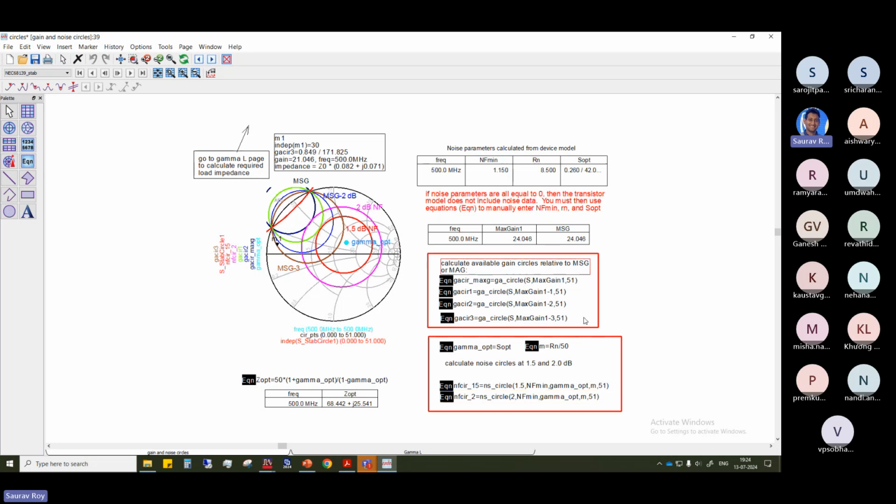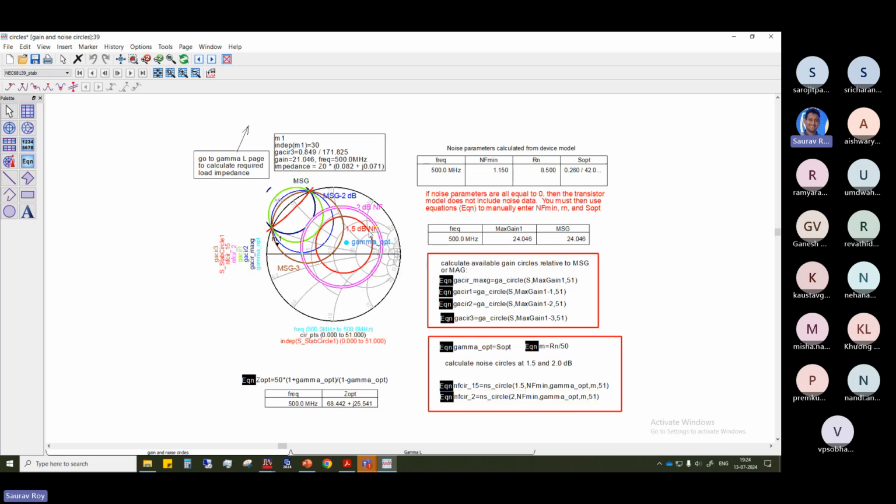See, in the same way, you have to add a noise circle. Here you don't get frightened by seeing a lot of stuff. You don't need all of these actually. You just have to put one gain circle or maybe two gain circles and two noise figure circles. You see this one here and this one here.